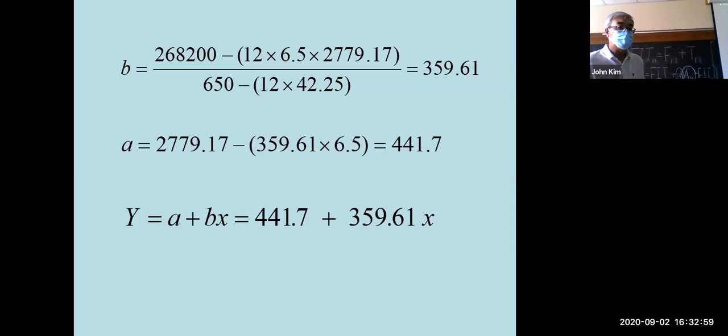So we can get the regression function, or forecasting function, like this. So y equals 441.7, the intercept, plus the slope 359.61 times x. So using this formula, we can forecast.